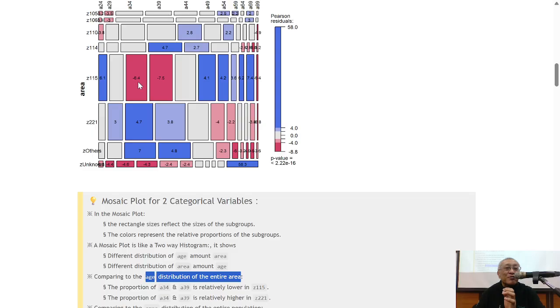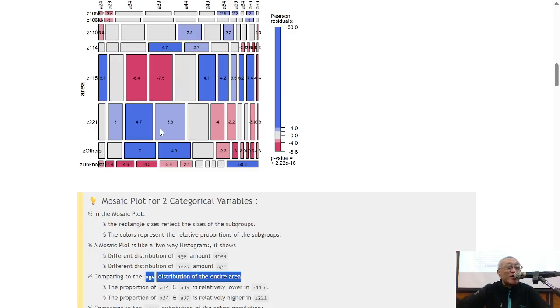The proportion of A34 and A39 who live in Z115 is lower than the population average. And at the other end, in Z221, the proportion of A34 and A39 is relatively higher than the entire proportion.